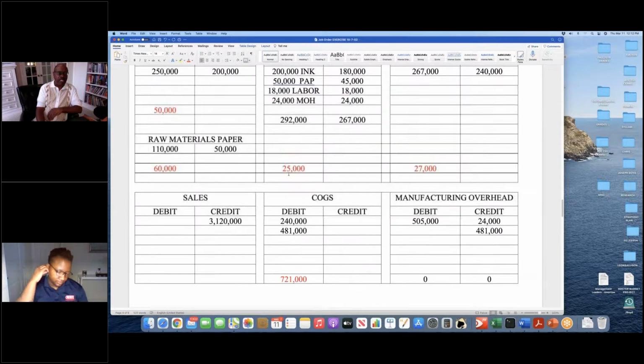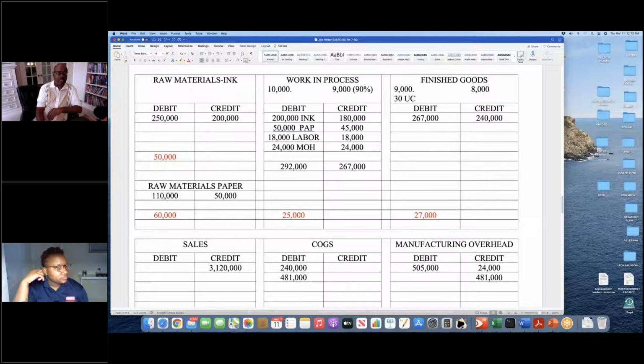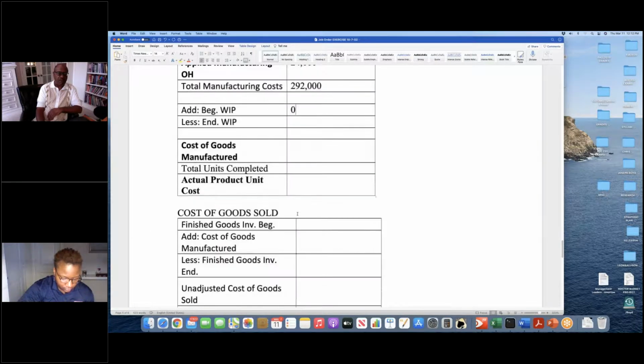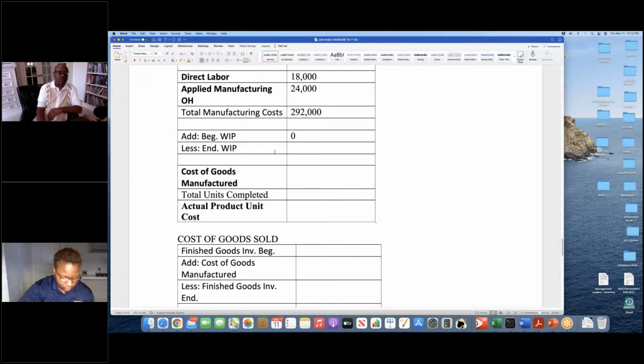We did have some ending work in process inventory of 25,000. So if I subtract 25,000 from 292,000, what number do I get? 267.